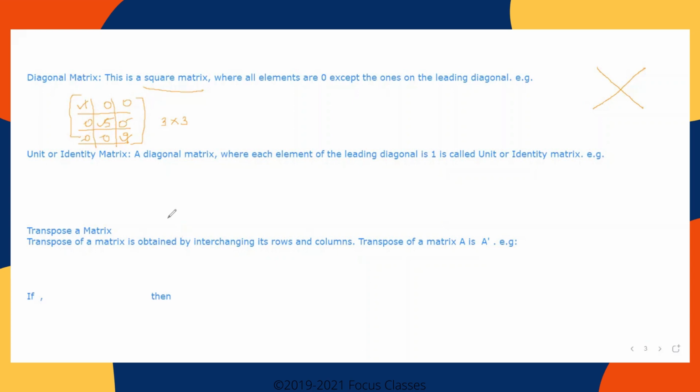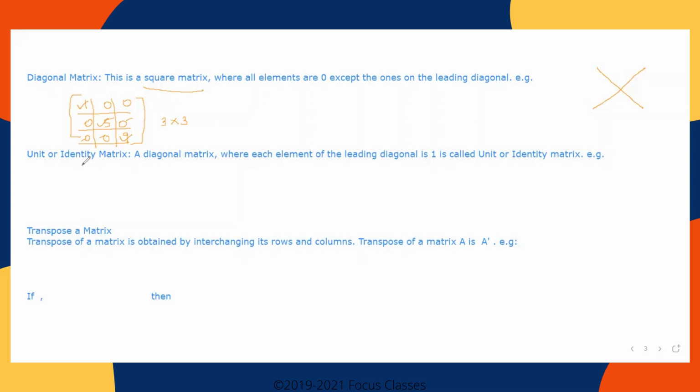Next one, unit or identity matrix. In an identity matrix, a diagonal matrix where each element of the leading diagonal is 1 is called a unit or identity matrix.